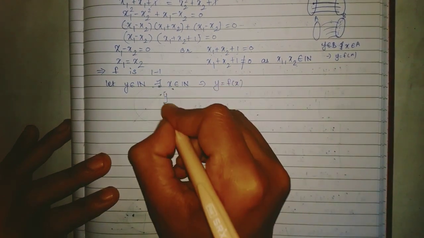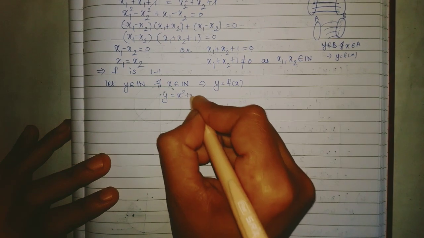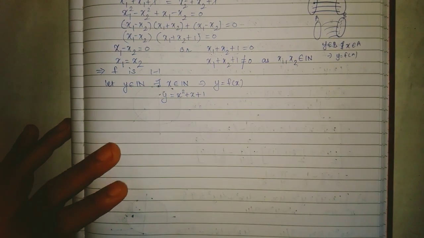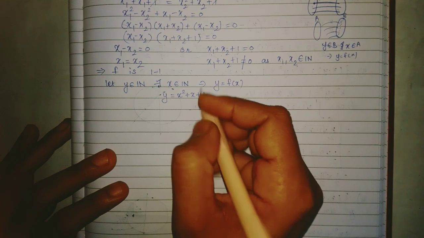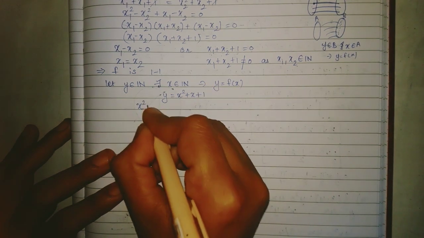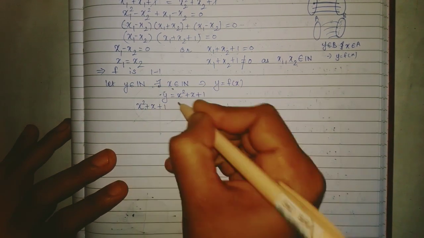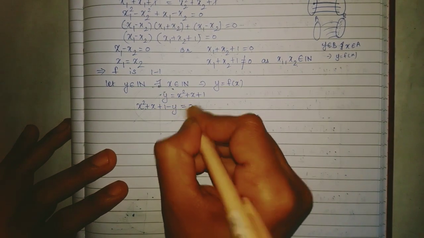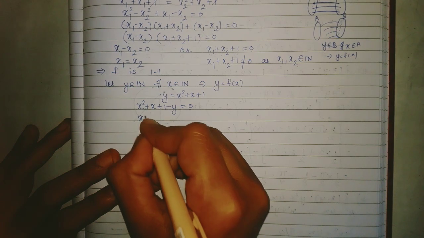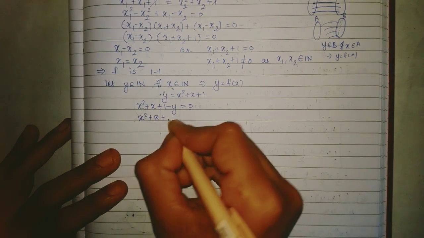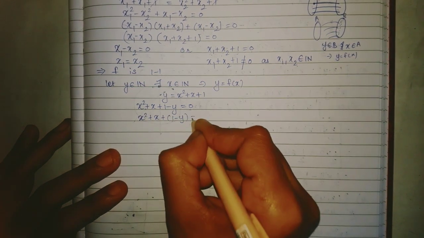So f of x is our x square plus x plus 1. So we can write this as x square plus x plus 1 minus y equal to 0.